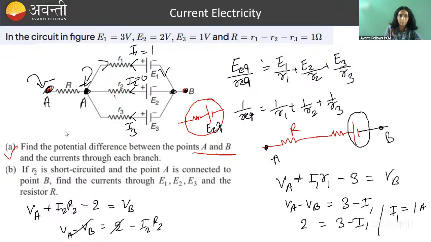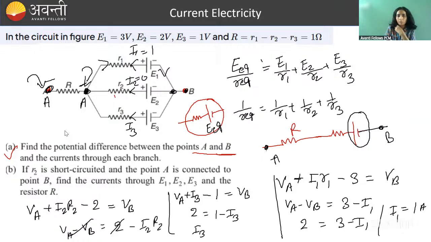This is 1 ampere. What will be I3? We need to calculate I3 now. I3 के लिए अगर मैं एक equation लिखूं, I will be writing VA plus I3 R3, R3 is 1, minus E3, that is your 1. This is equal to VB. Now VA minus VB is 2 volt and this is equal to 1 minus I3.